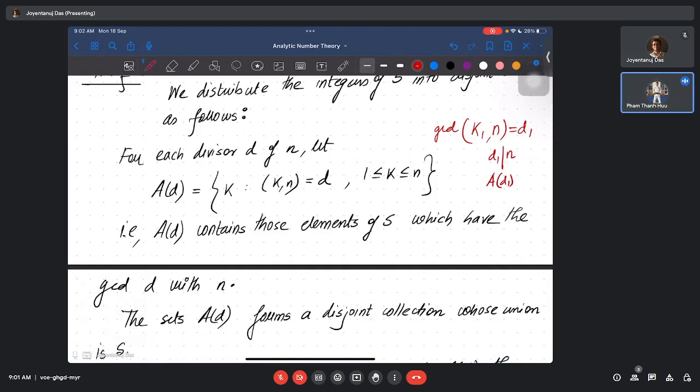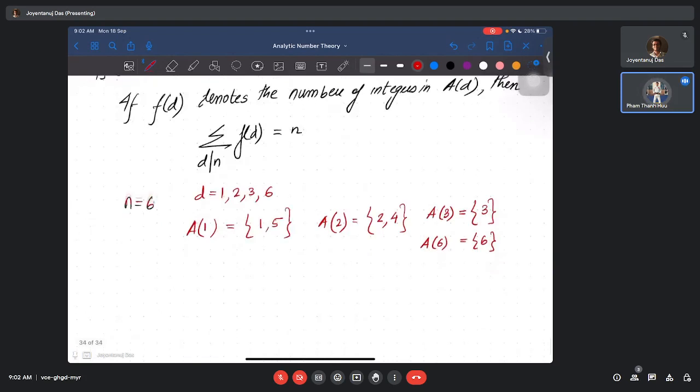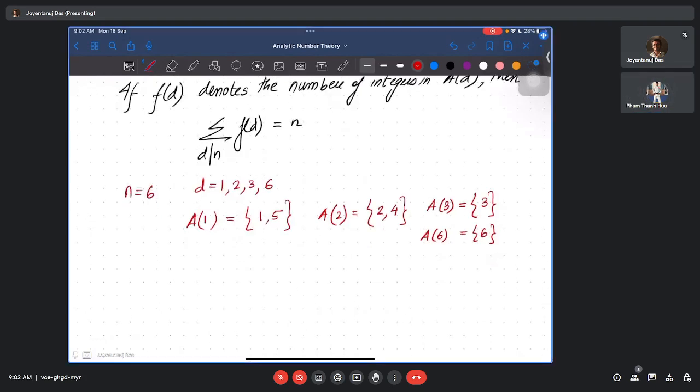For example, suppose we are missing the number 5. The GCD of 5 and 6 equals 1, but 5 must come into the set A of 1, because 1 is a divisor, right?